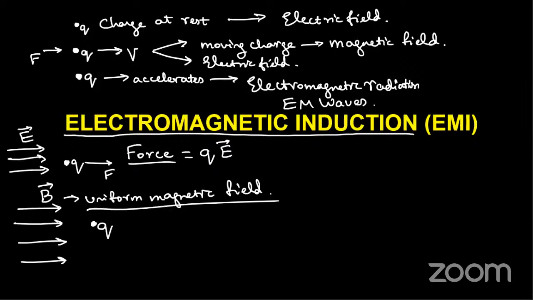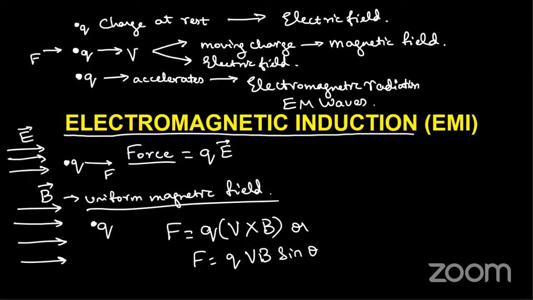In the presence of a uniform magnetic field, my charge experiences a force given by F = q(v × B), or F = qvB sinθ. Since I have not mentioned what theta is, we can't write qvB directly, or we can't write q into v directly because I didn't give velocity either.